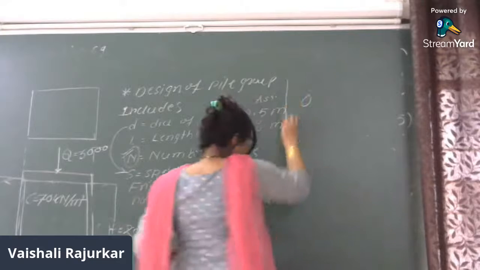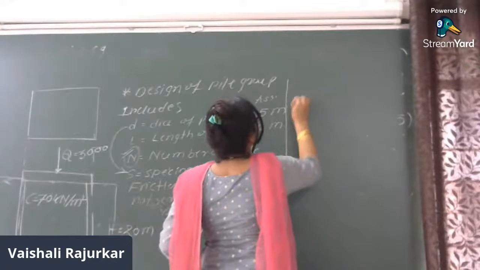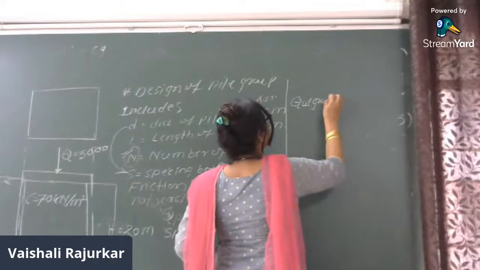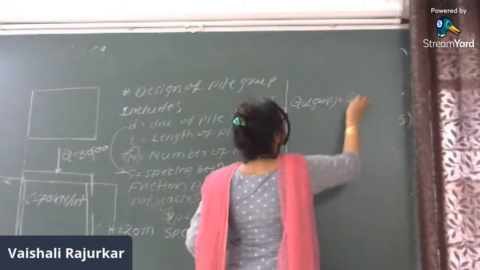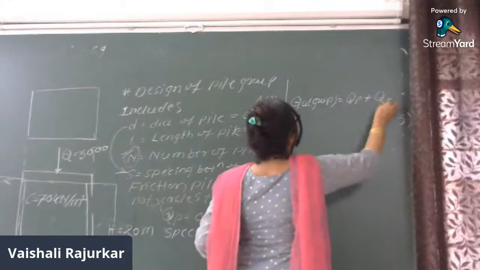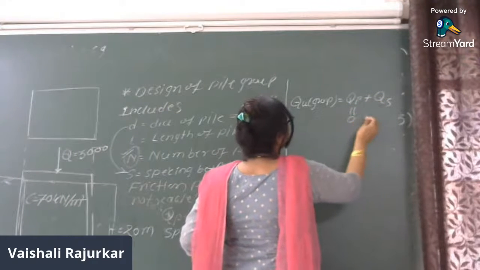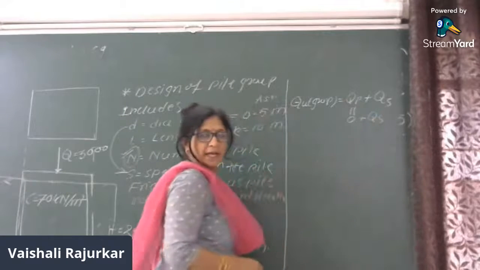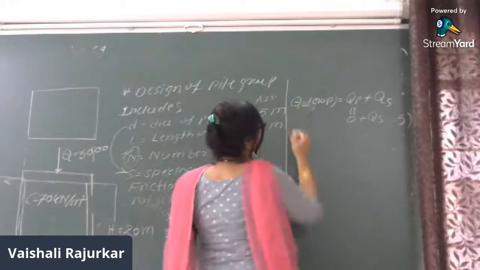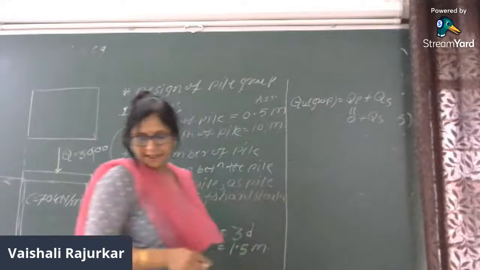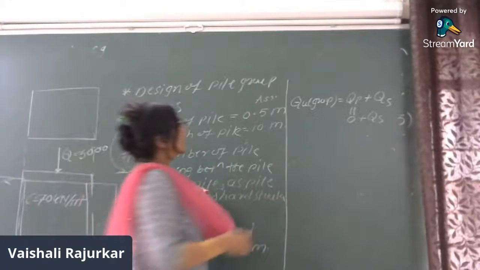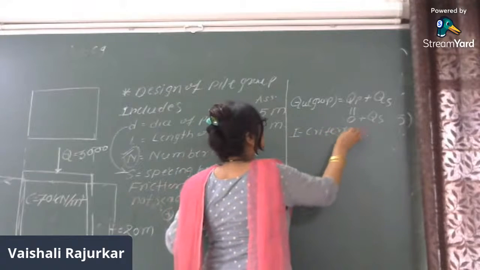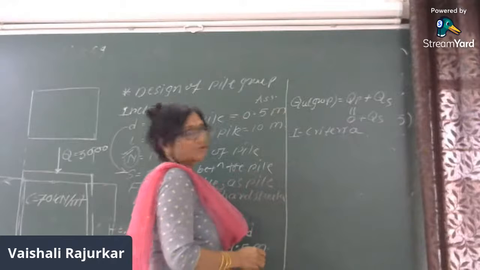Here we will consider QU for group, which is QB plus QS, as QB is equal to 0. So whatever is the capacity is due to QS, and when we are considering it as a group, we will calculate it by the first criteria.